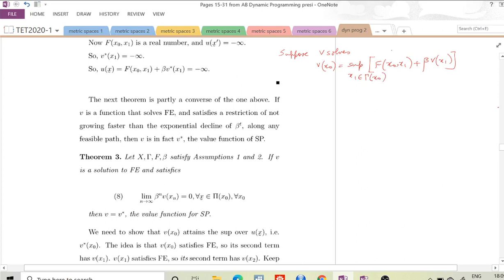So suppose V is some function that's a solution to this functional equation, right?